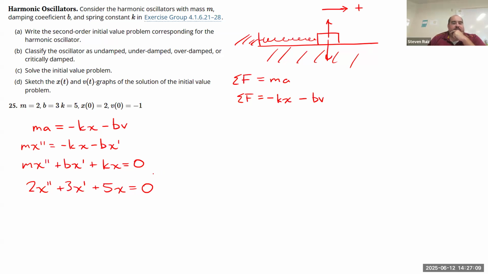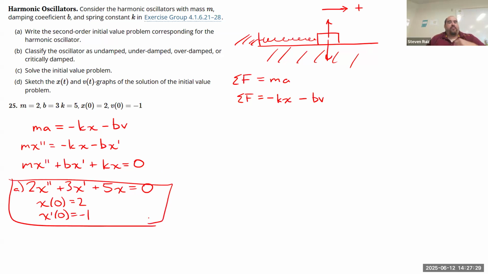This is the differential equation, and we know that x of 0 is 2, and x prime of 0 is negative 1. All right, so that's done.